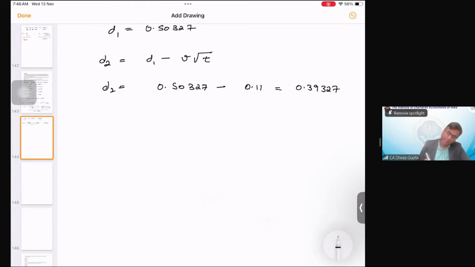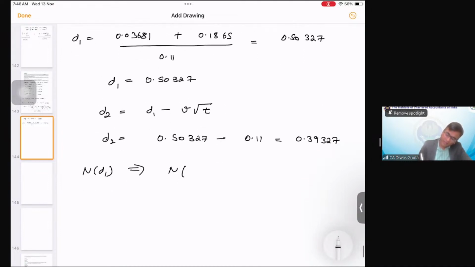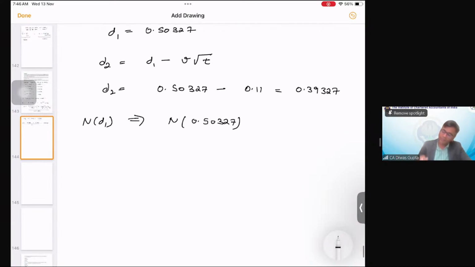Then N(d1), in the bracket we will have 0.50327. Sir, in the sum, the D1 calculation, it is 0.01855.